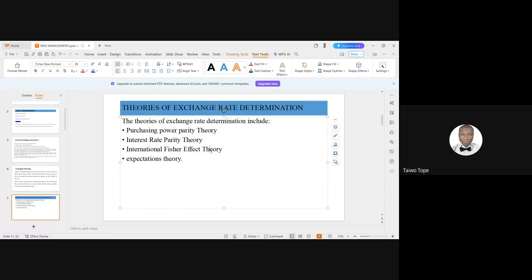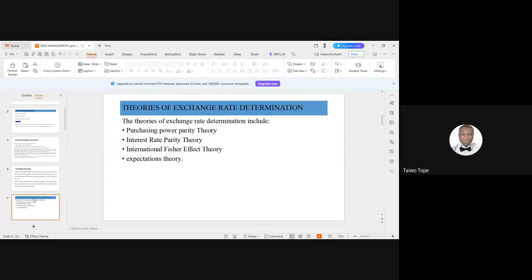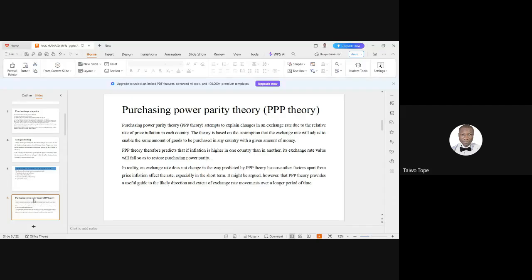Now, when we talk about purchasing power parity theory, I know this is not the first time we are coming across it. What does this entail?